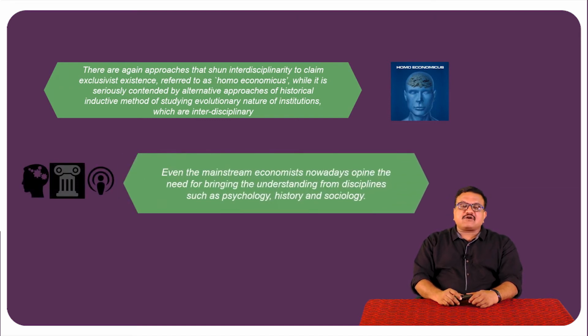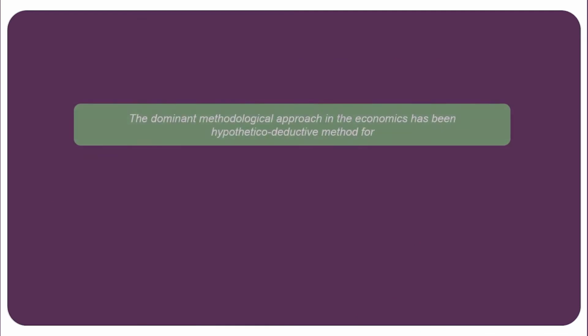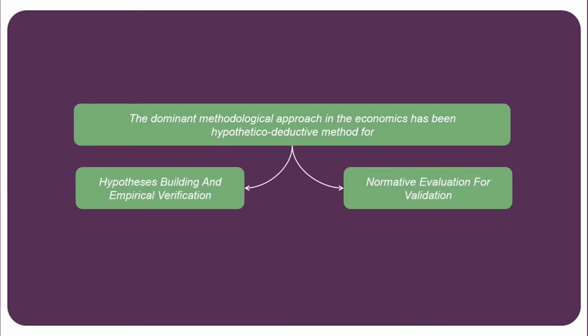Even mainstream economists nowadays opine that there is a need to bring in the understanding from disciplines like psychology, history, and sociology. The dominant methodological approach in economics has been the hypothetico-deductive method for hypothesis building and empirical verification and normative evaluation for validation.